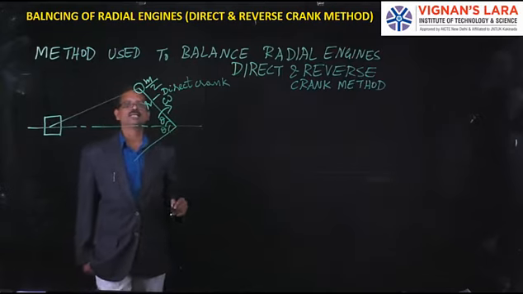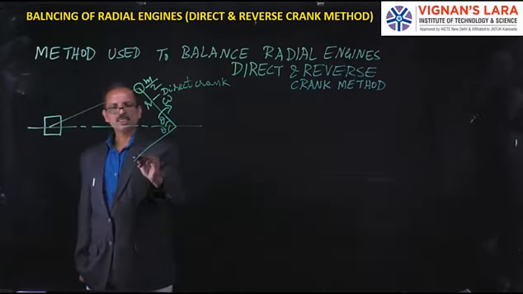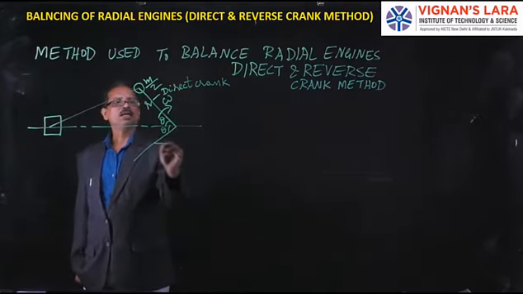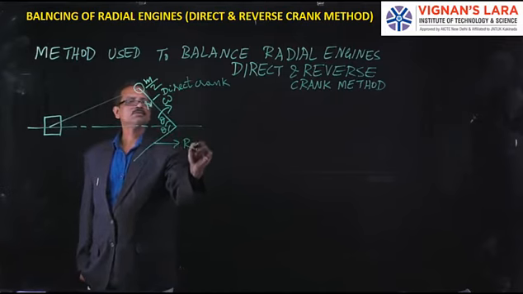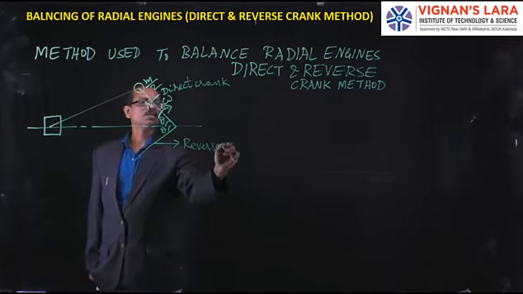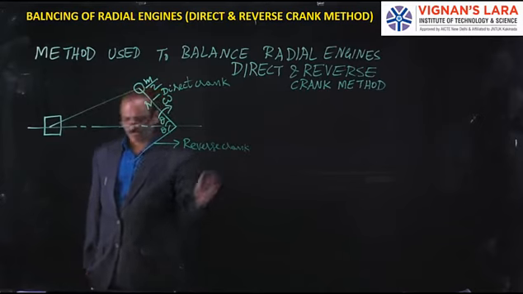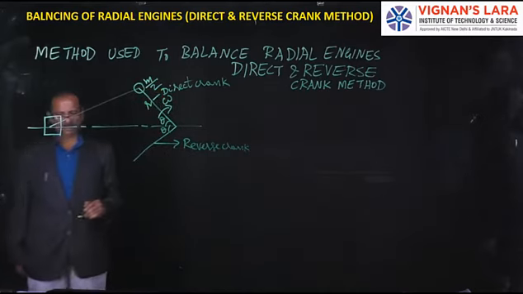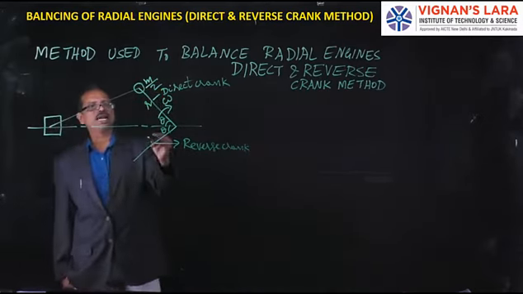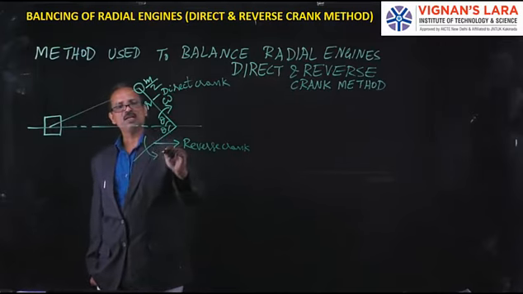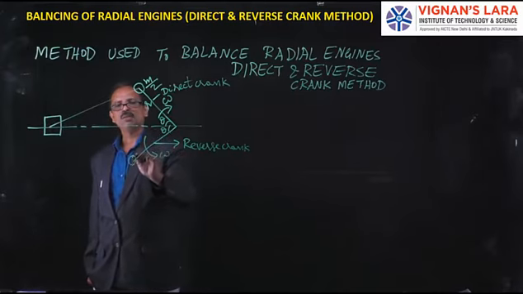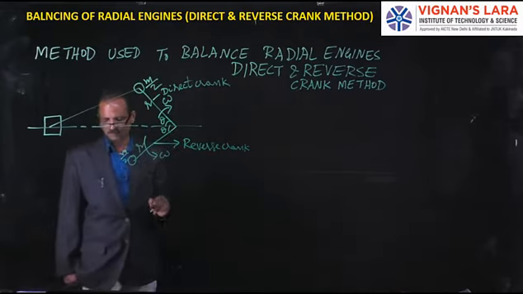This is the reverse crank. No such crank actually exists, it is an imaginary one revolving with angular velocity omega, with a mass of m by 2 at the end and radius r.